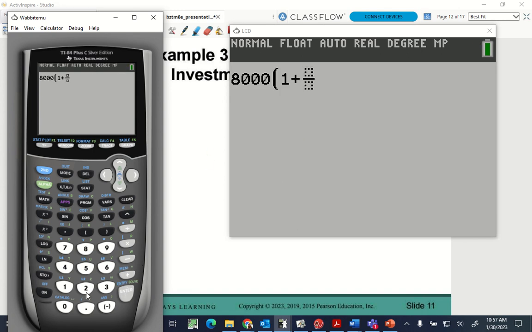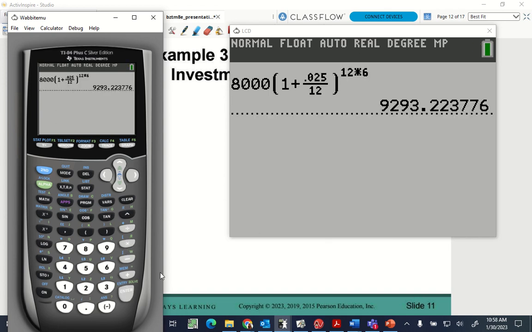There we go. And that was going to be 0.025 over 12. Arrow over. Let's close that one. Now I'm going to raise it, and that was my 12 times 6. There we go. We get the same answer.